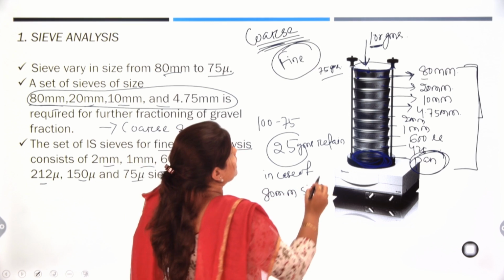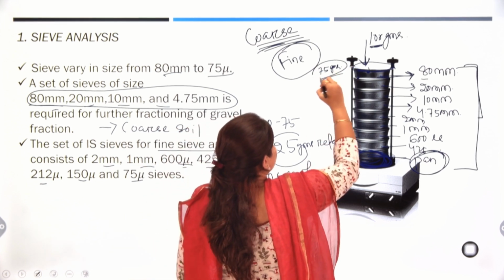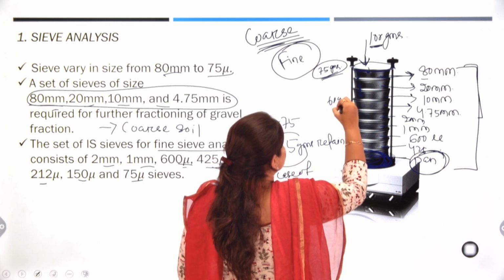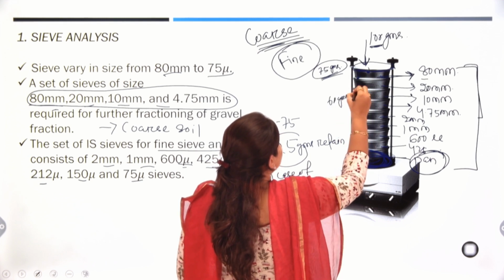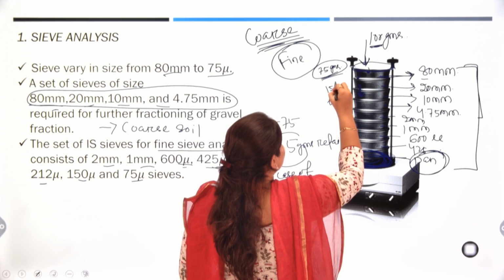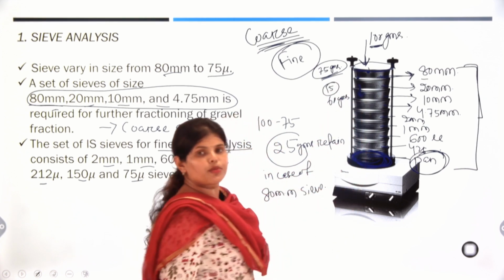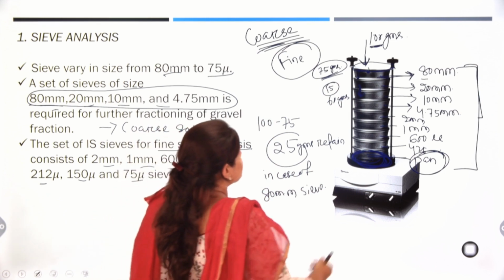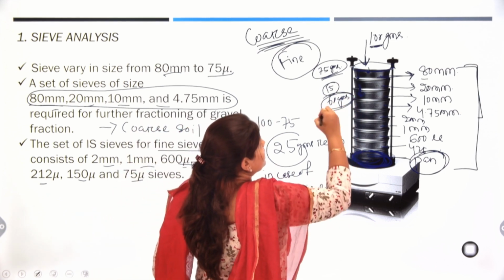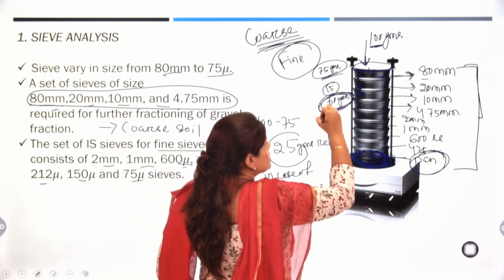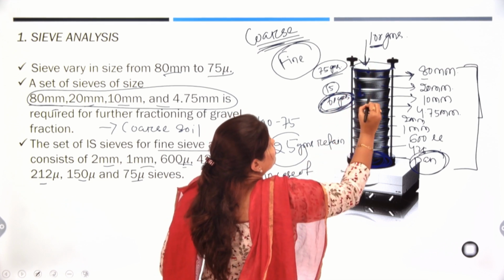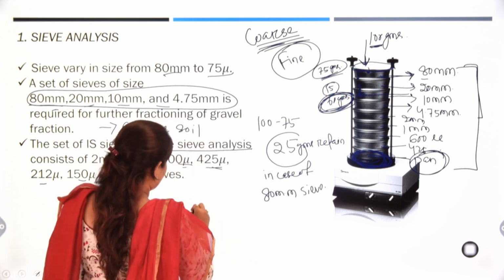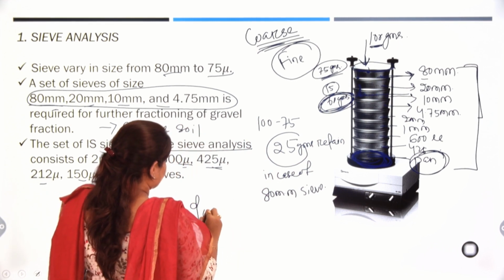Next, from these 75 grams, the passing soil will be 60 grams. What is left? 15 grams will be retained on the 20 mm sieve. This 60 gram passing through the 20 mm sieve will be classified as our D60.